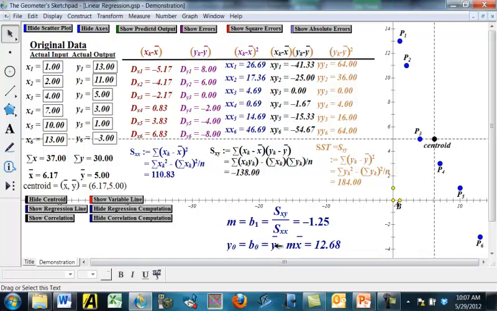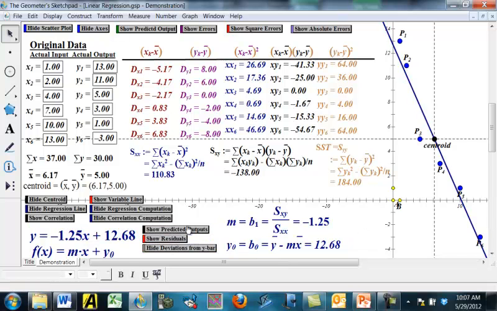We know it goes through x bar, y bar, so the y-coordinate of the y-intercept, y sub 0, is y bar minus m times x bar. So the regression line is y equals mx plus y sub 0, or in our case, y equals negative 1.25x plus 12.68, and that is the best fitting line right there. That will have the smallest SSE.